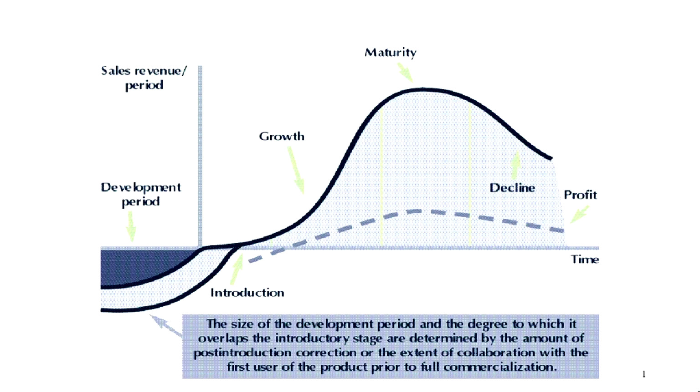So, the post introduction correction or the extent of collaboration with the initial users of the product prior to the full commercialization, we discussed this briefly in an earlier session.